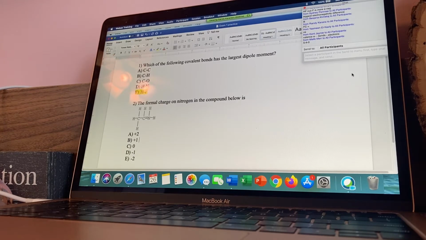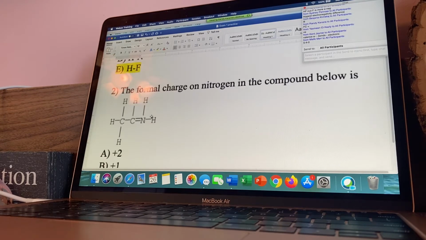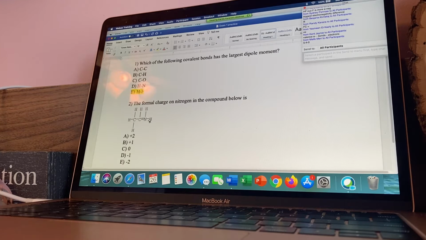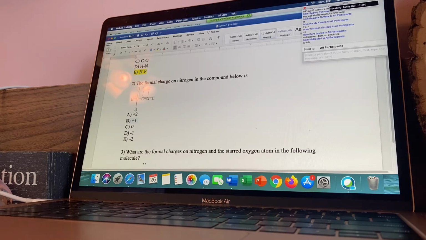If you want to say it out loud, you can too. Yeah, so 5 minus 4 minus 0. Because you have 4 bonds around that nitrogen, and you have 0 lone pairs coming off of it, so 5 valence electrons minus 4 minus 0, that's going to give you +1. So it's going to be this one.